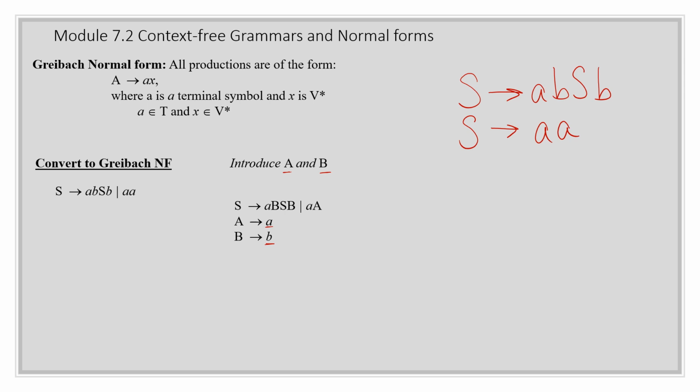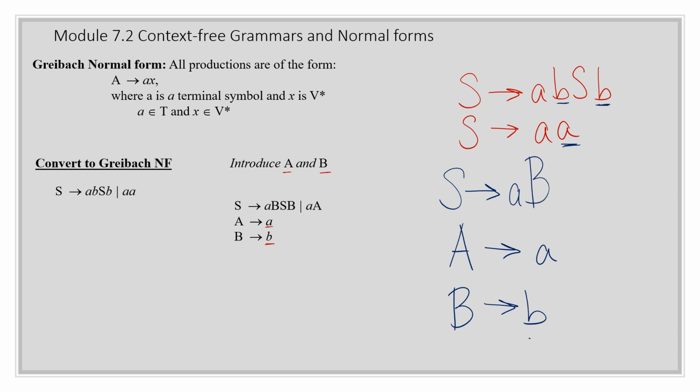So we will create a new variable for the A, and another one for the B. Then here we can substitute in for B, and here we can substitute in the A. So we keep this A, but then we have a B here for the B substitution.